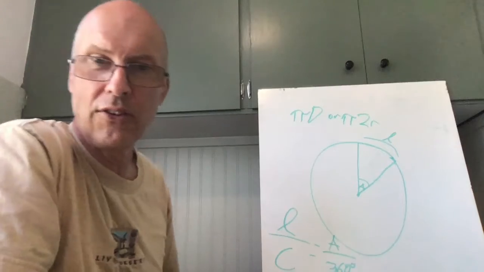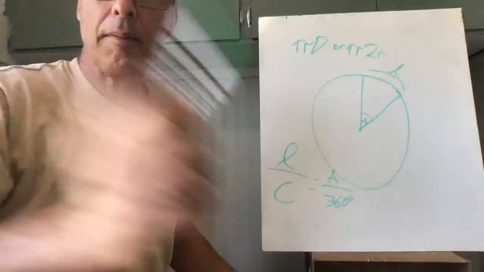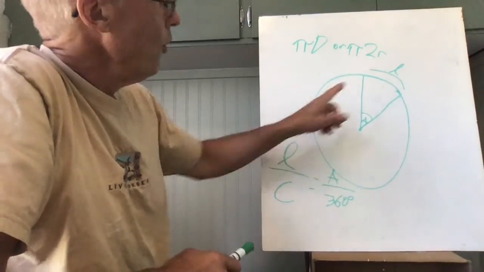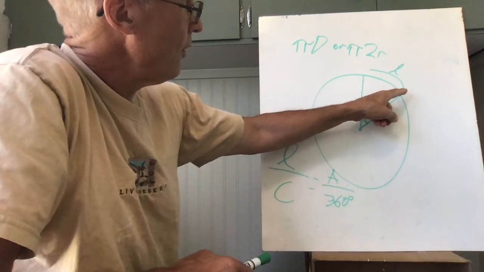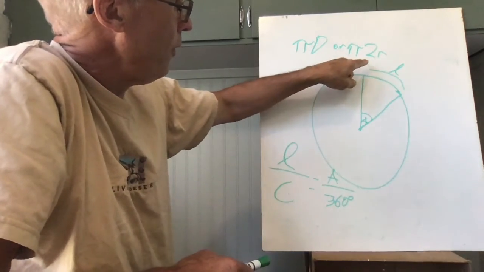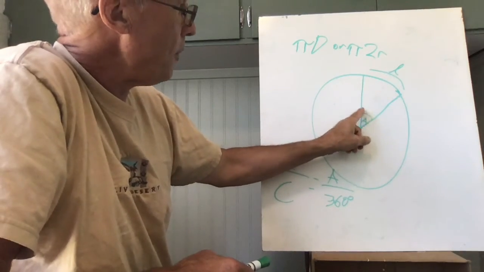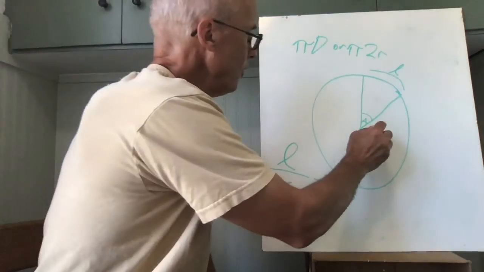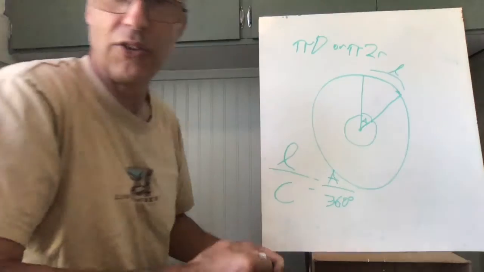Does that make sense? So that distance is proportional to the whole distance around as that number of degrees is to the entire 360.